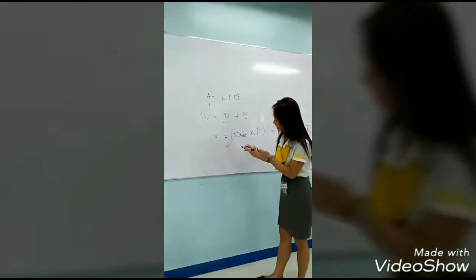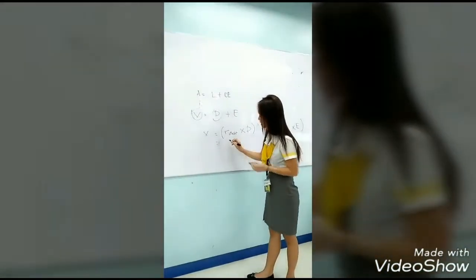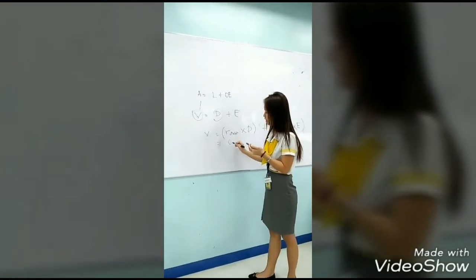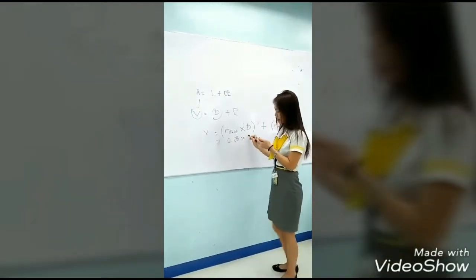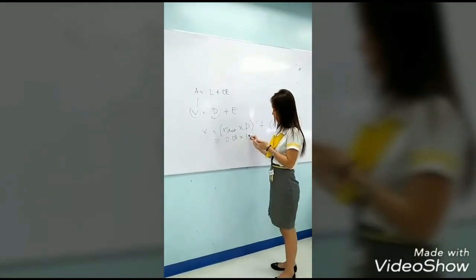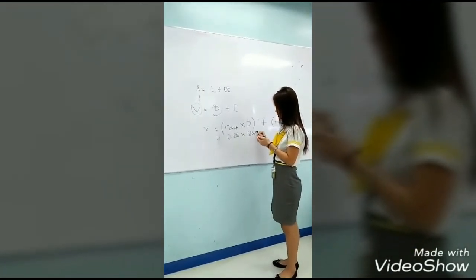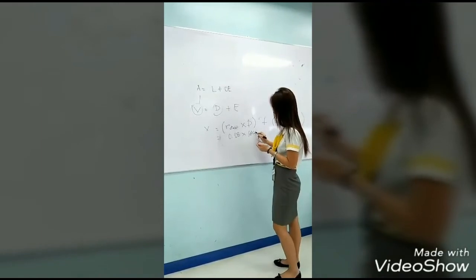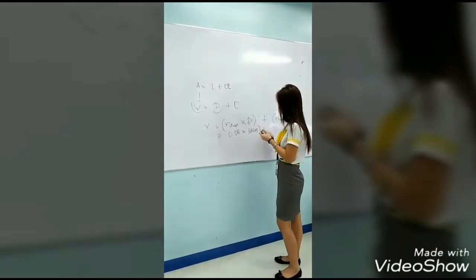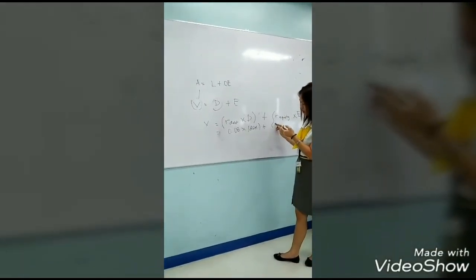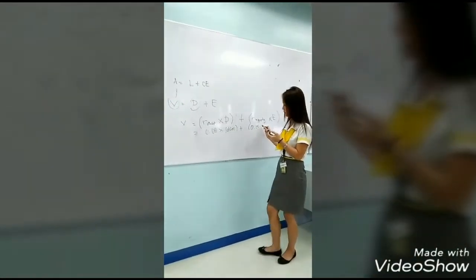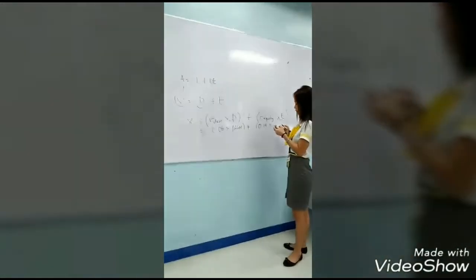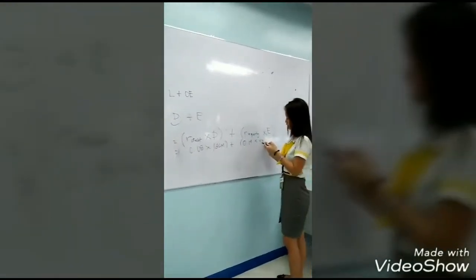Yung given, yung rate ng debt is 8%. So, i-decimal natin yan, 0.08 times yung given na utang, 186 million, plus yung rate ng equity, which is 14%, tapos ita-transpose ulit natin siya into decimal, times yung given na equity, which is 434 million.